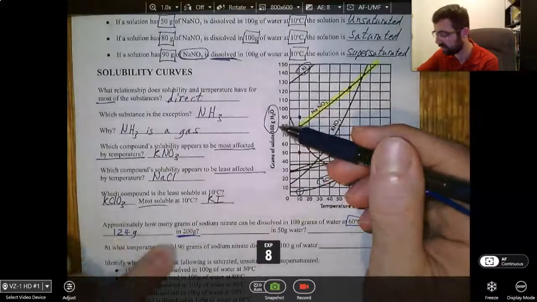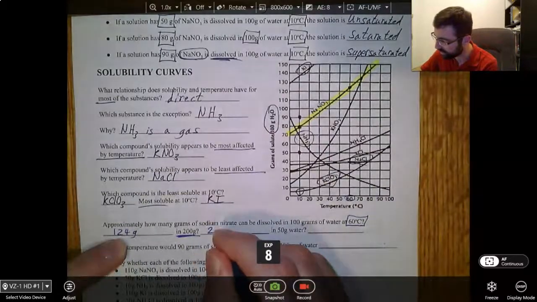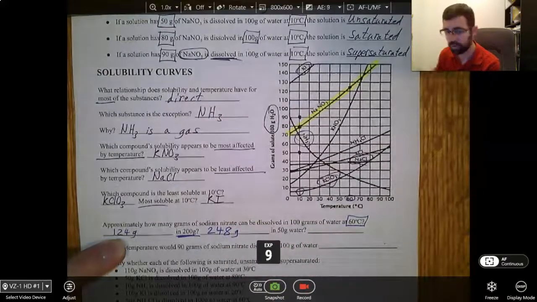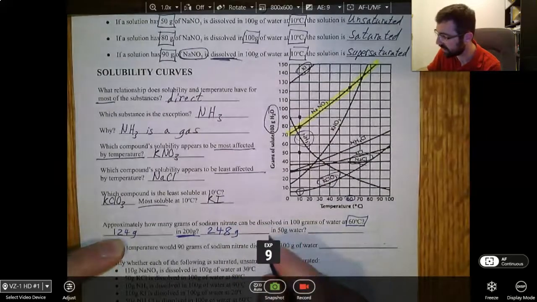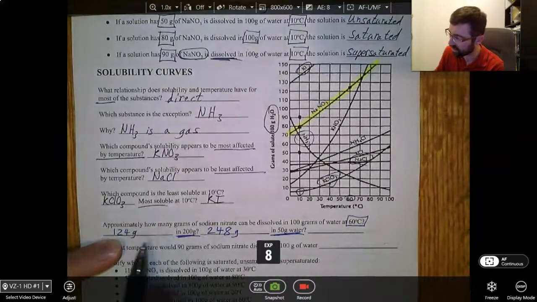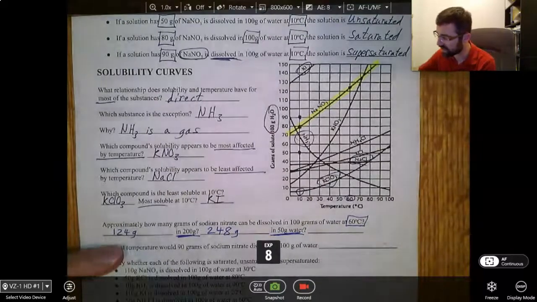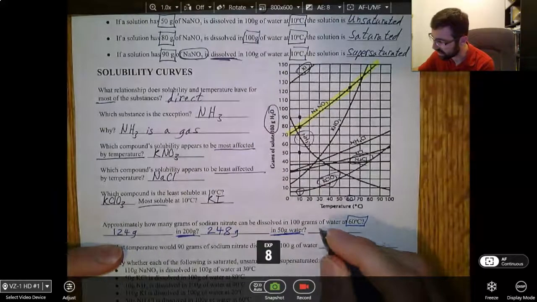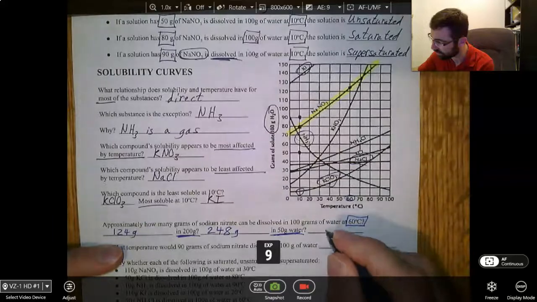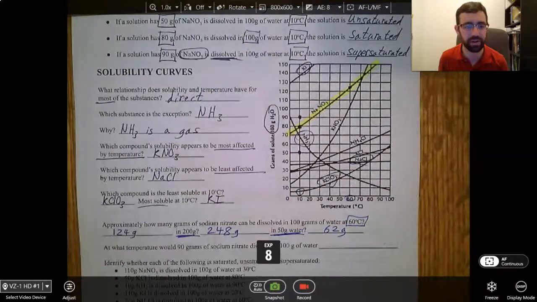Then in 200 grams, I would get 248 grams dissolving. What about if it was in 50 grams of water? Well, that's half of what I started with. That's half of 100. So it'll be half of this, which is going to be 62. If I did my math right in my head, 62 grams.